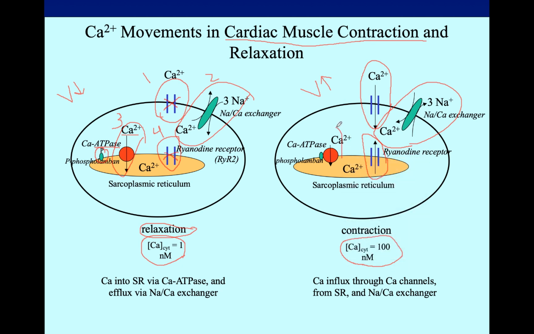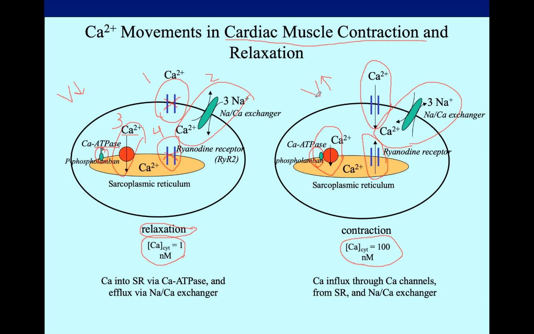The last one here is again the calcium ATPase, but I want you to notice that this arrow is much smaller than this big arrow. That means that you had more movement of calcium here and less movement of calcium here. What do you notice about the phospholamban? Well, in the relaxed cell, it was pretty far away from the calcium ATPase.